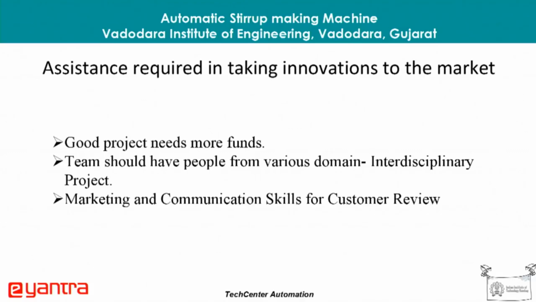The second point is the team should have people from various domains. In a robotics project, you know that all 3 branches are involved, so try to involve students from all disciplines in your project. The third is marketing and communication skill for customer review.